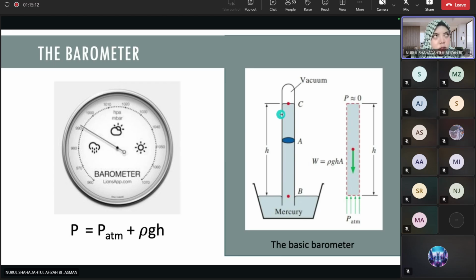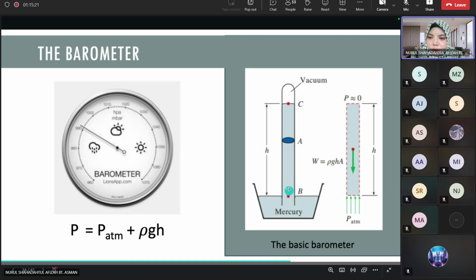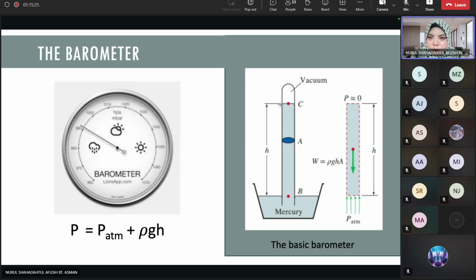As we learned from the previous lecture, the shape of the fluid has a meniscus. For mercury it is supposed to be an inverted U shape. For other fluids, the meniscus is a U. So what is this? It is the vacuum.